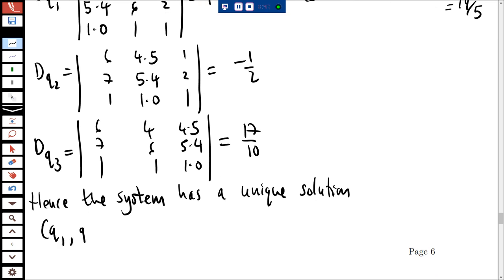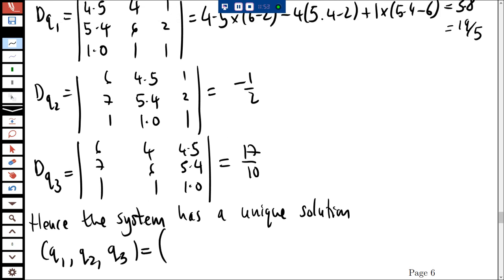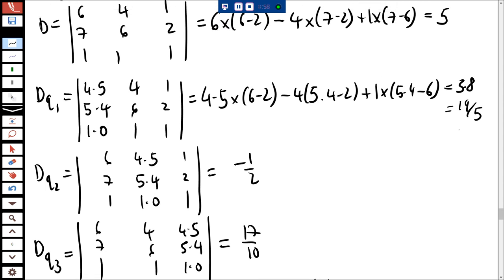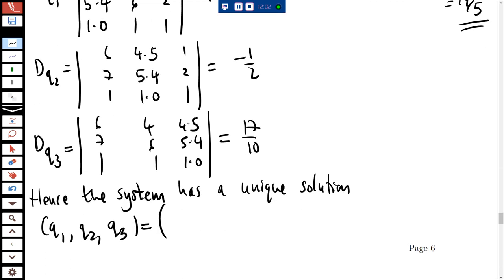The solution is, for Q1, D1 over D: 19/5 divided by 5, which is 19 over 25.